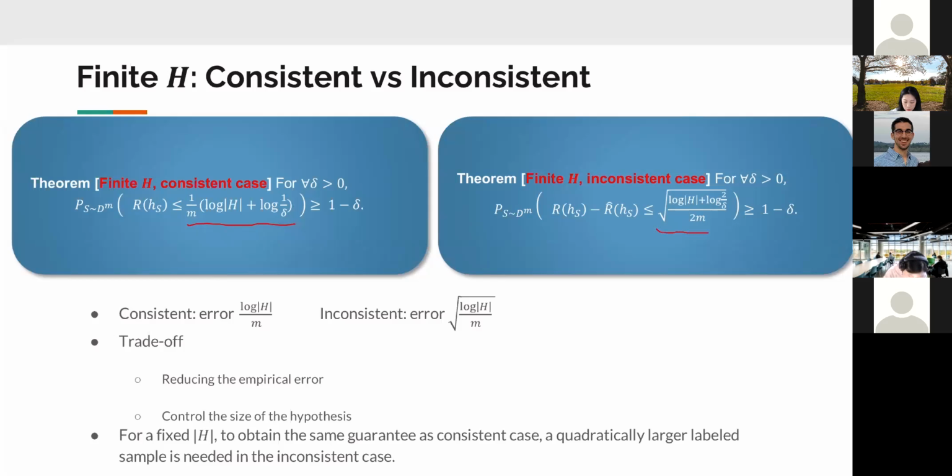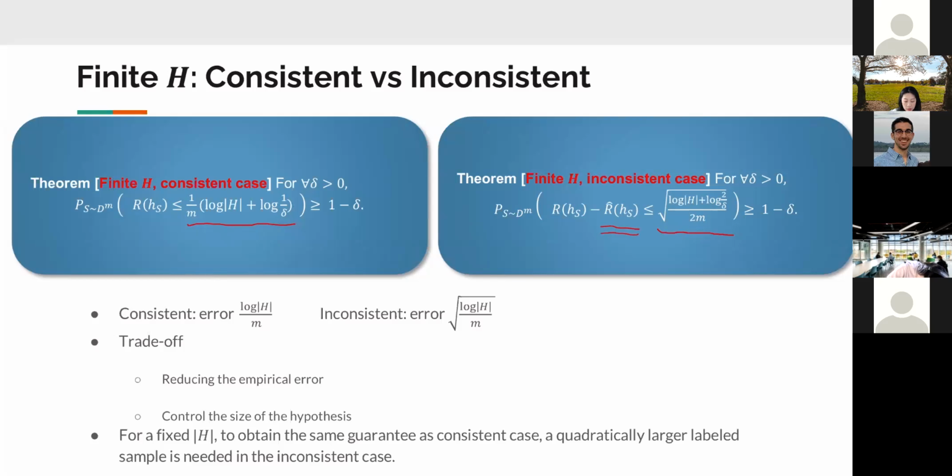Here, on the right-hand side, what I'm highlighting is the generalization gap. It is not the true error or the generalization error, because the empirical error is not 0, okay? So that's one thing you want to remember.